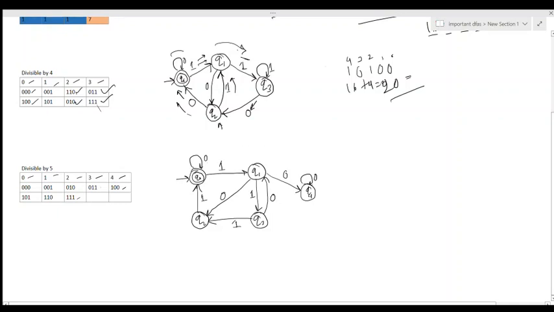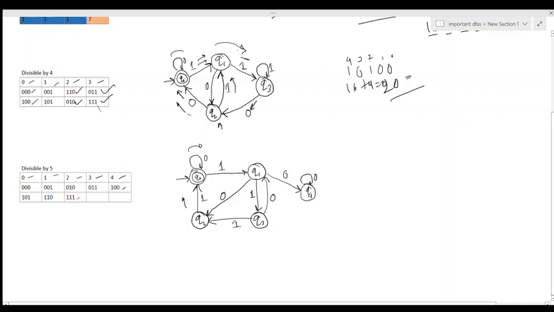So again we have a self loop with 0 on Q0. From Q0 to Q1 as it goes to remainder 1. So 0 0 1 goes to Q1. For 1 0 1, for this string we go Q1 to Q1 to Q2 with 0 1 0, and then again a transition with 1 back to Q0.